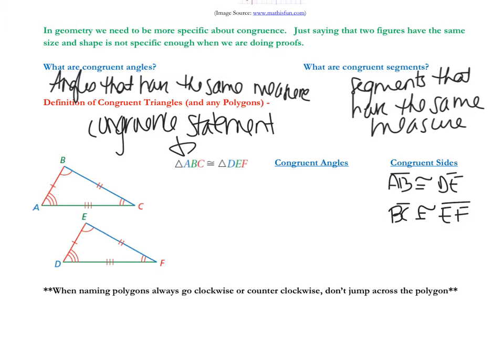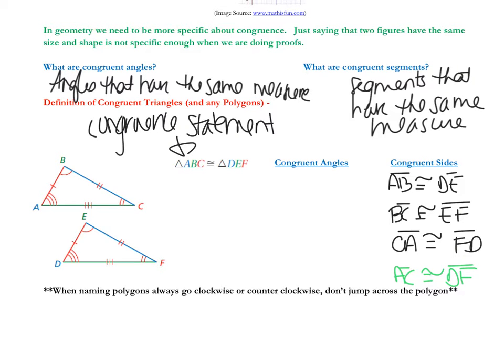And then finally, CA is congruent to FD. Now, I can always flip these in the sense that I can write this as AC is congruent to DF. That's the same thing. I just can't switch the order. If I go from C to A, then I have to go F to D. If I go A to C, I have to go D to F. So order matters when you are writing congruency.